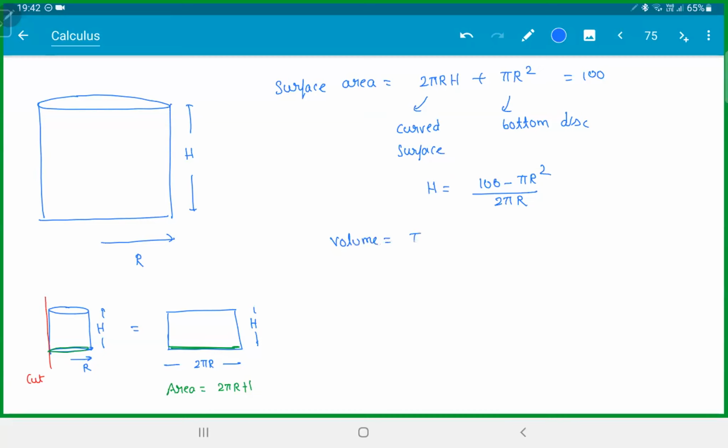The volume will be pi r square h. Substitute that h here. That will be pi r square into (100 minus pi r square) by 2 pi r. Pi r goes off. This would be 50 r minus pi r cube by 2.